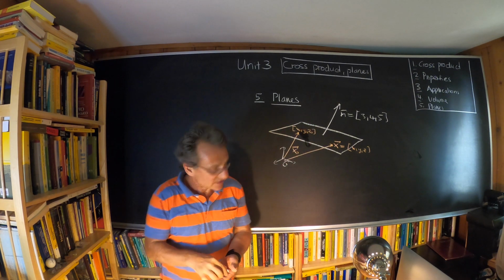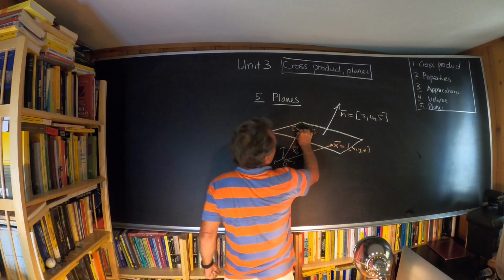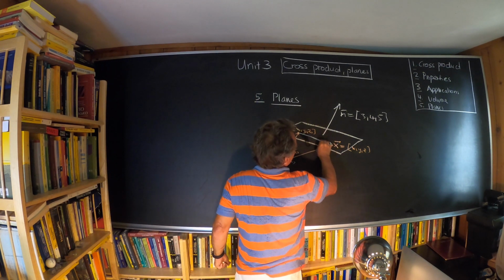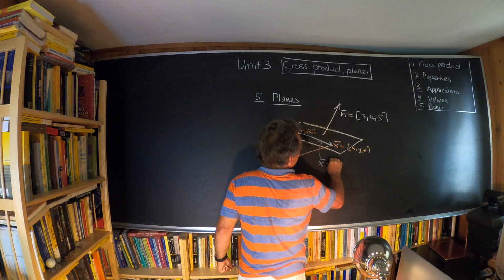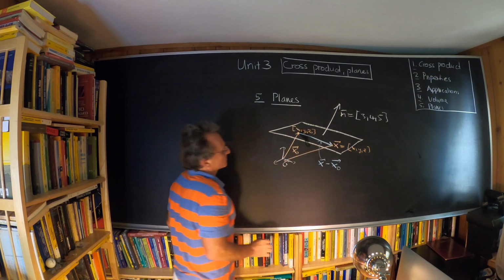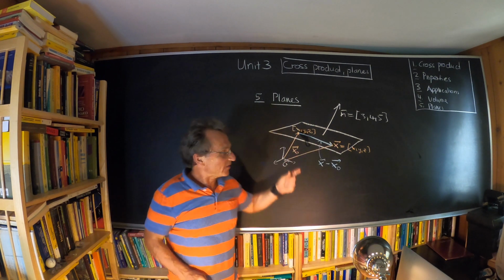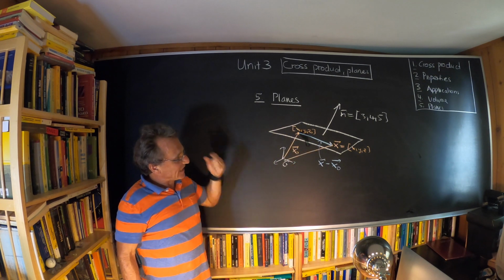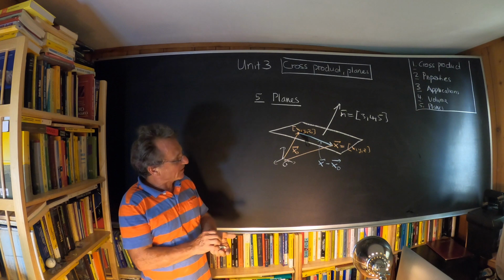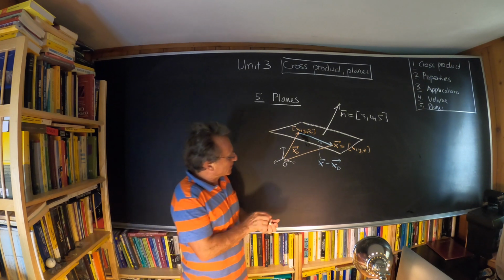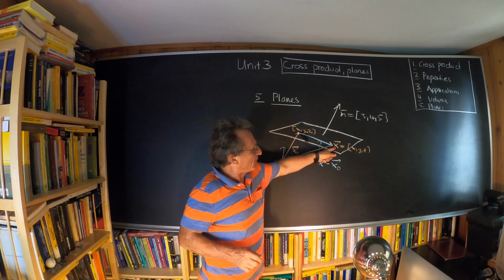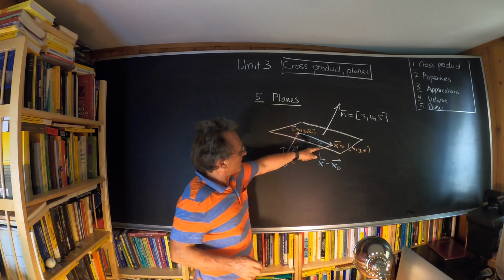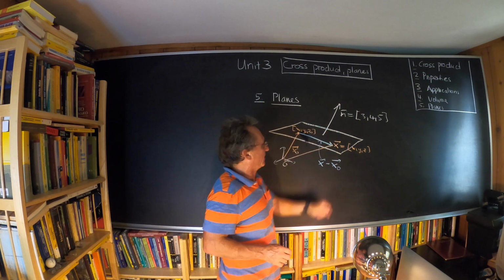Now what we can do is look at the difference between these two vectors. This is the vector x minus x0. If we are looking at the plane, this vector is inside the plane, and that motivates us to define the following thing. We take the plane as all the vectors x which have the property that x minus x0 is perpendicular to n.